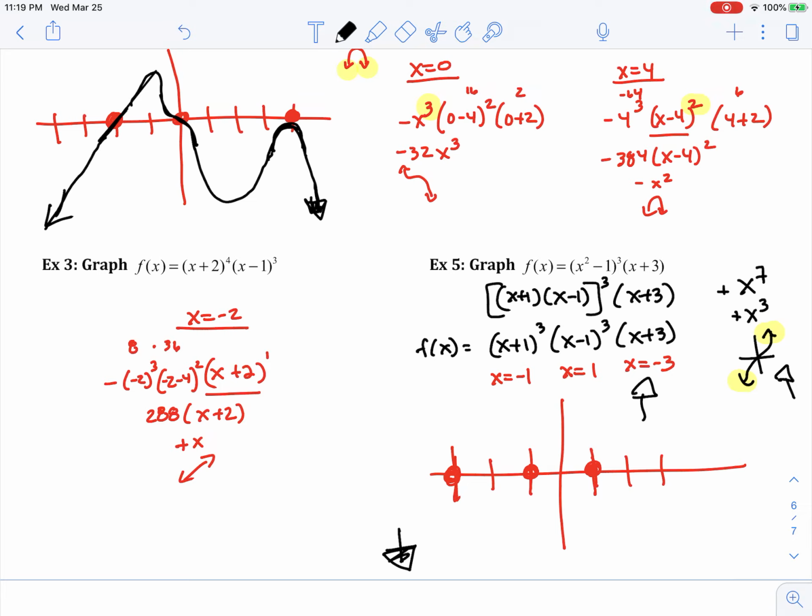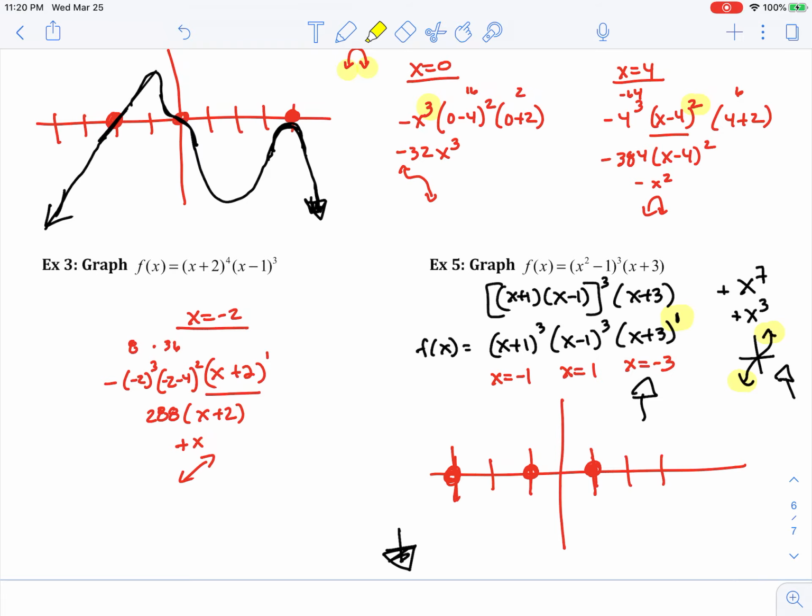Instead of finding the specific behaviors, I'm just going to generalize. So I know that around my x-intercept of x equal to -3, it was being raised to the power of 1, which means around x equal to -3, my graph should be taking on the shape of a line, because it's x to the 1st.